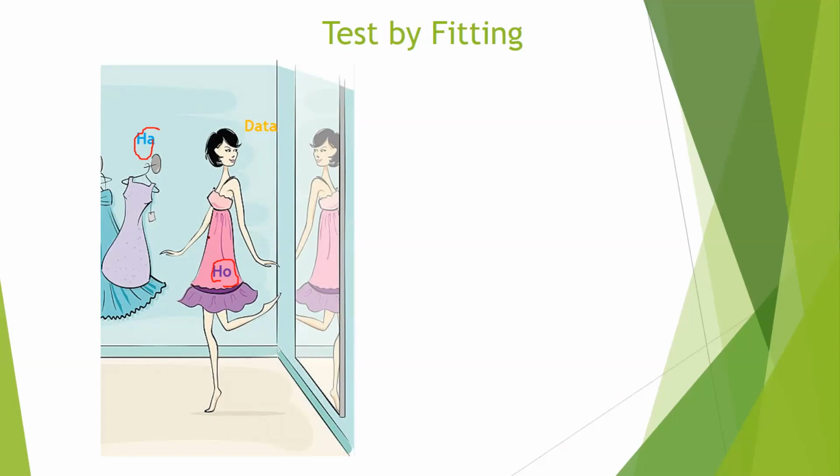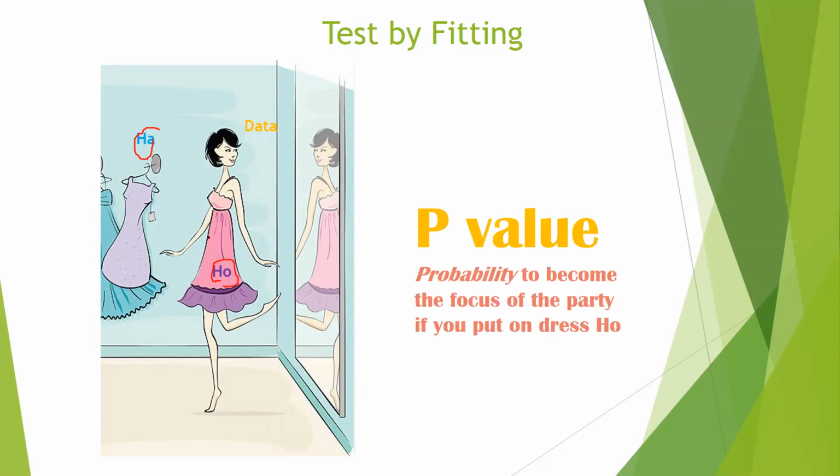So in this case, you're going to reject the null hypothesis and just take the alternative dress and run away, go to the party. If this is the case, what is the p-value? When you put on your H0, the null hypothesis dress, we can think about the p-value as the probability that you will become the focus of the party if you put this dress on.